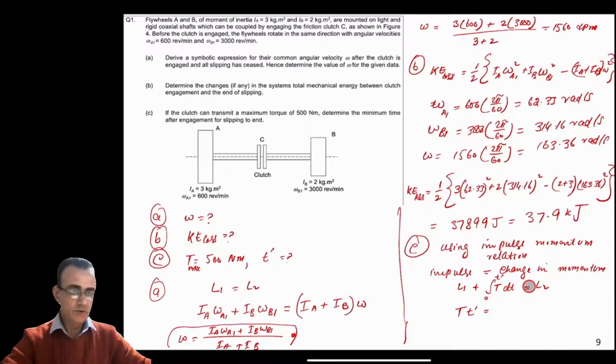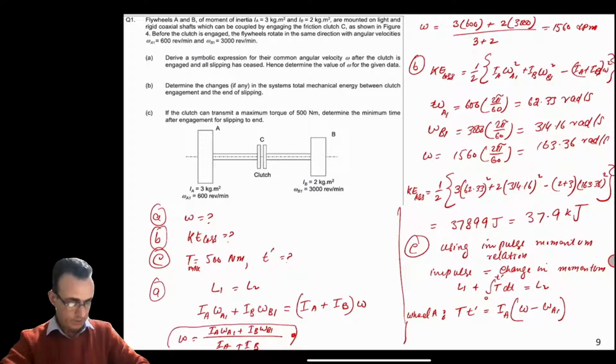So if we apply this to wheel 1, or A, the initial angular velocity was omega A1, so L2 minus L1 is IA times omega minus omega A1. This is the equation.